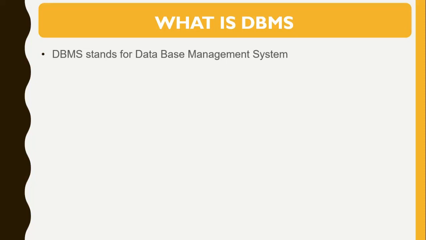Collection of data in an organized and systematic way is known as a database. And how can we manage that data in a systematic way? By using DBMS software. The software which will manage our data is known as the database management system or DBMS.